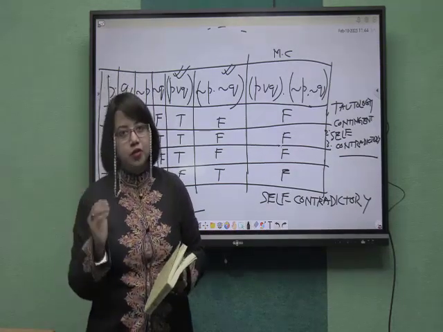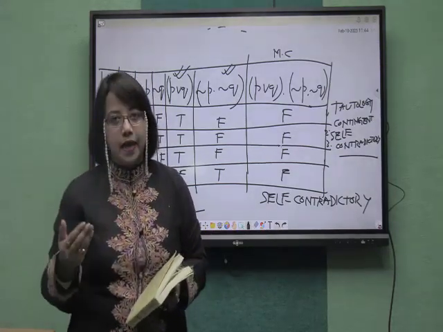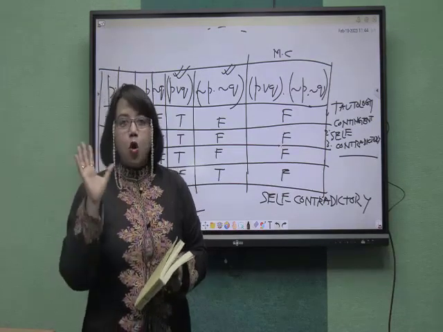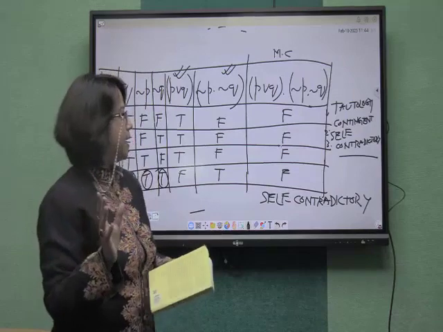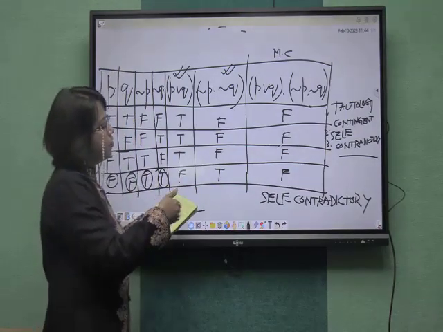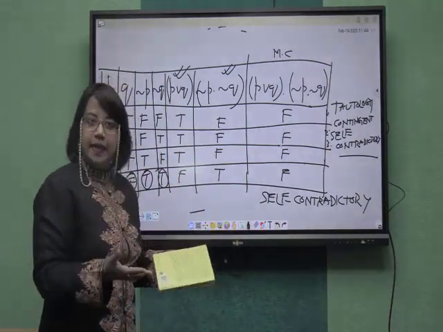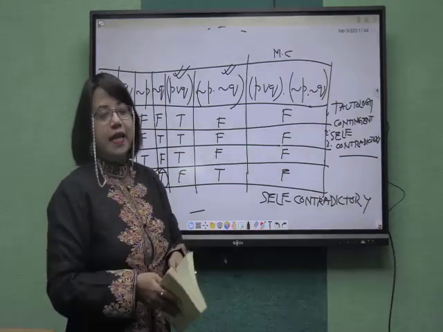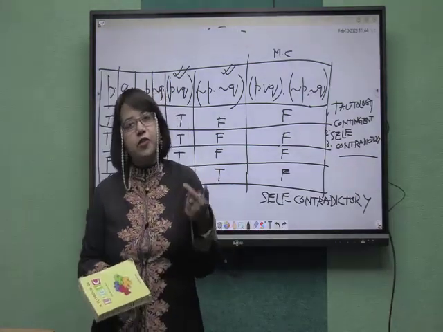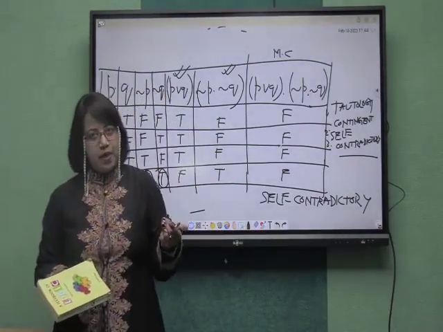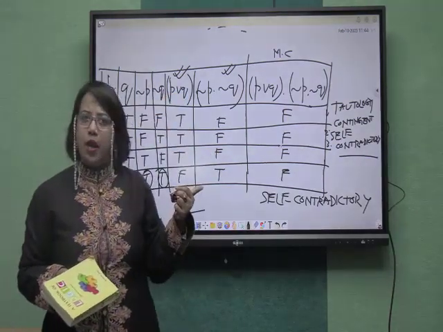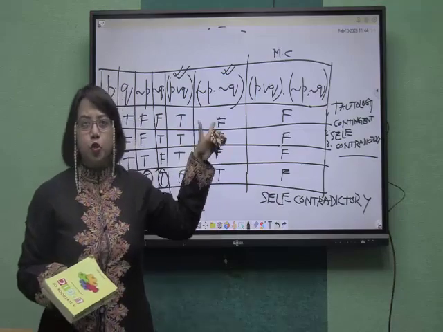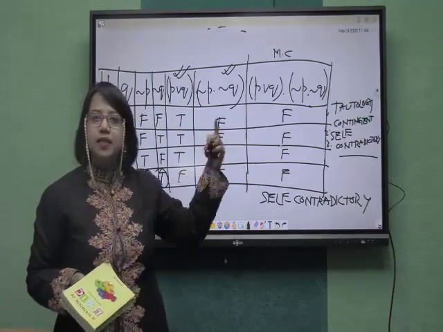This is how the truth table is helping us to determine the nature of a given statement form. The nature of it is being decided henceforth with the help of a truth table in the form of a technique. It's extremely important because it saves time, number 1, and number 2, you can do it very easily by using symbols.